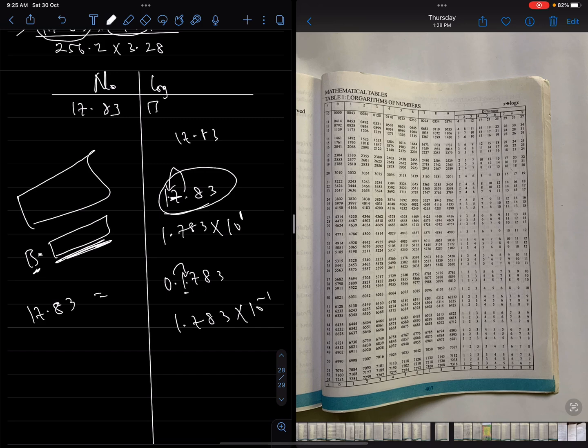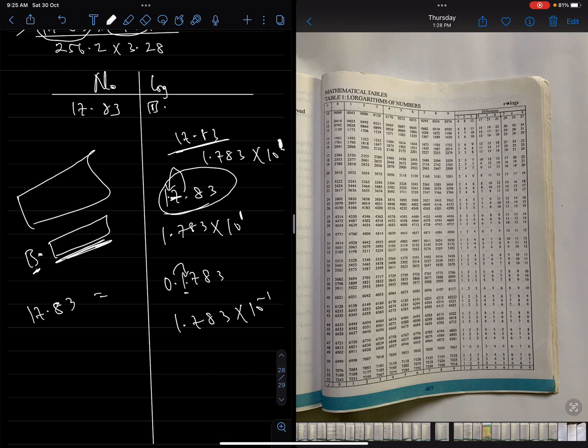But I know I have to think of the characteristic of that logarithm. So I have to write this in standard form first. If I write this in standard form, it's going to become 1.783 times 10 to the power 1. So the power of 10 is that characteristic. So the characteristic is 1. Do you understand? That's the first thing you do before you find the logarithm using the table.